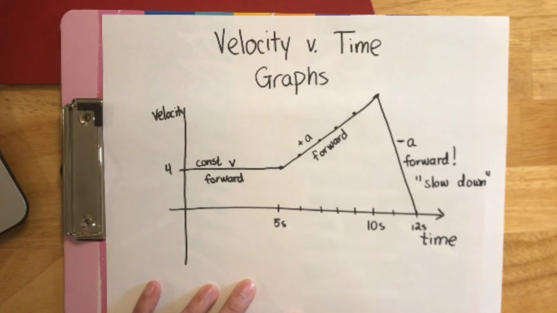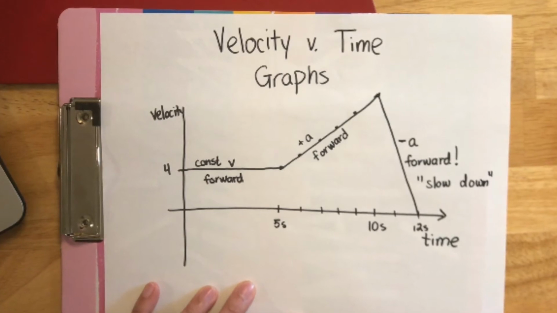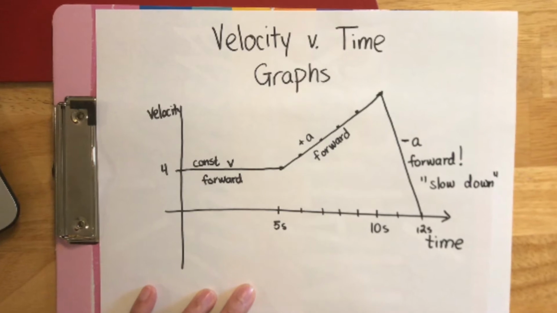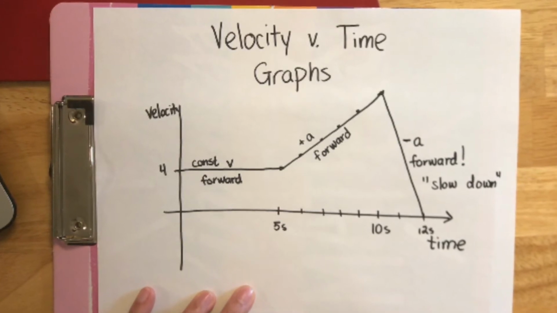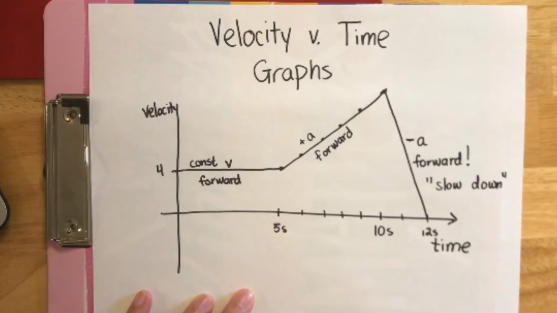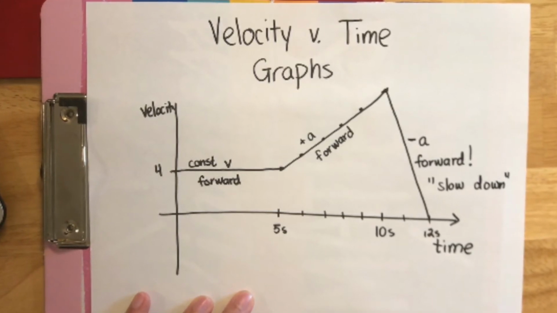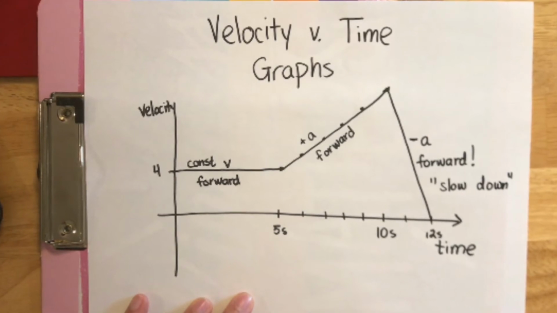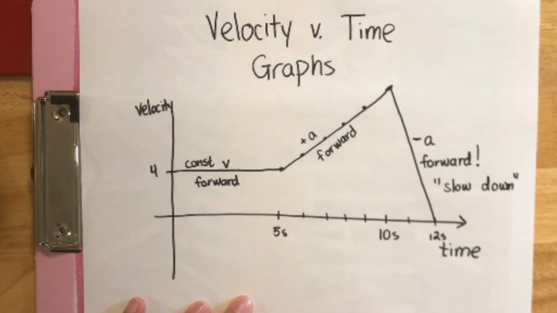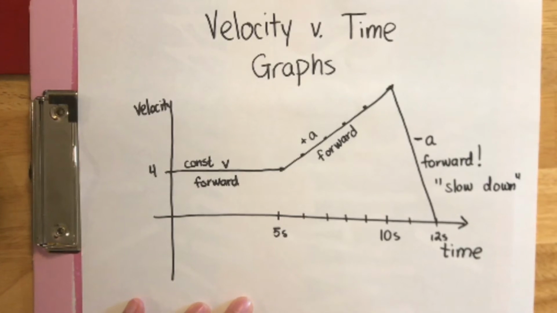You're still moving forward, but it's slowing down. Acceleration negative in this case means that the velocity is decreasing, or at least is becoming less positive. The velocity started at 9 meters per second and goes to 0 meters per second in 2 seconds of time.